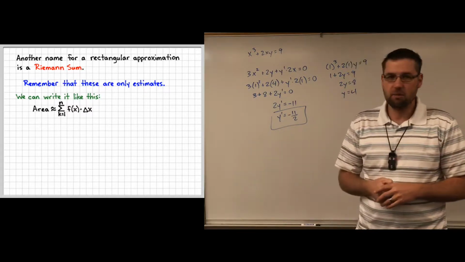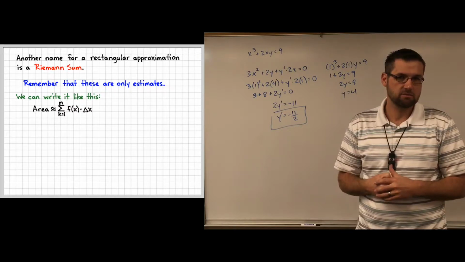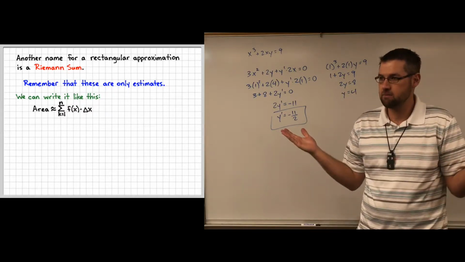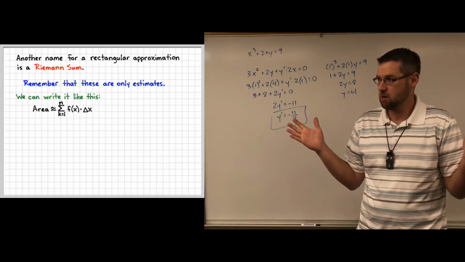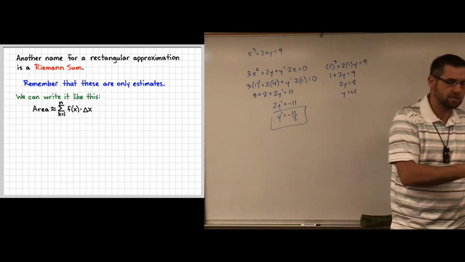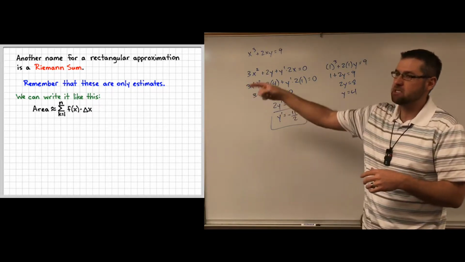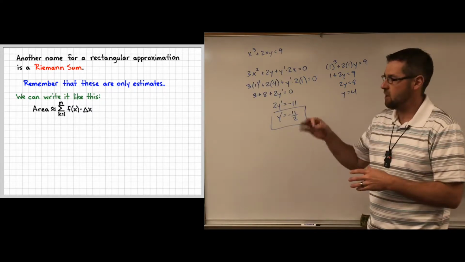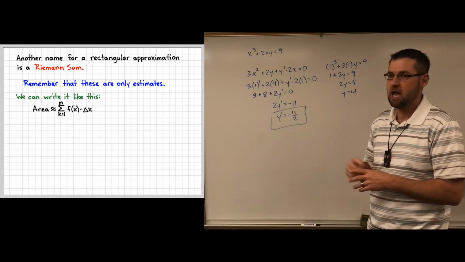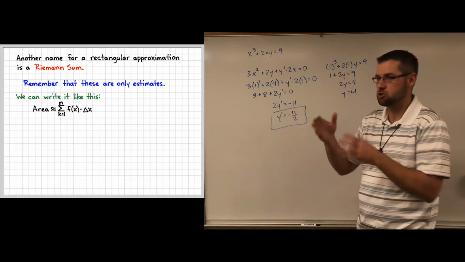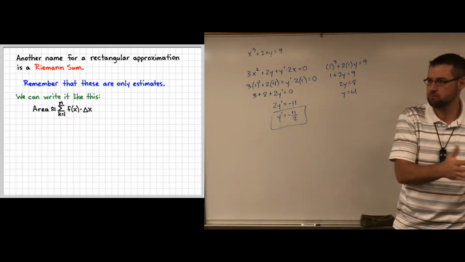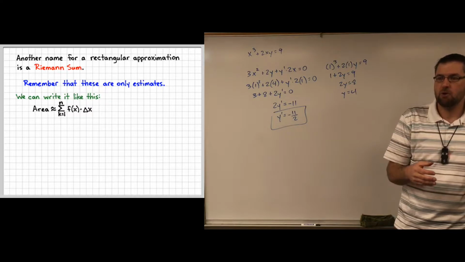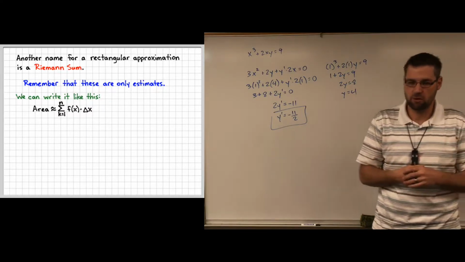Okay? So how many rectangles do we have? However many I tell you, right? Cut it into 3 subintervals, you have 3 rectangles. Well, n represents the number of rectangles. And k equals 1 means you're starting at rectangle number 1. Okay? Well, depending on how many I ask for, right?